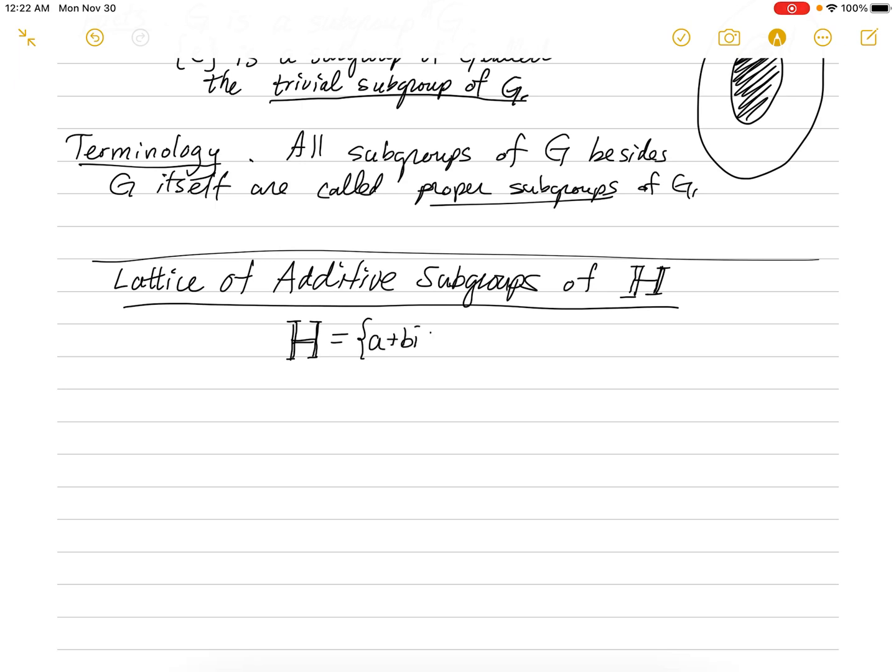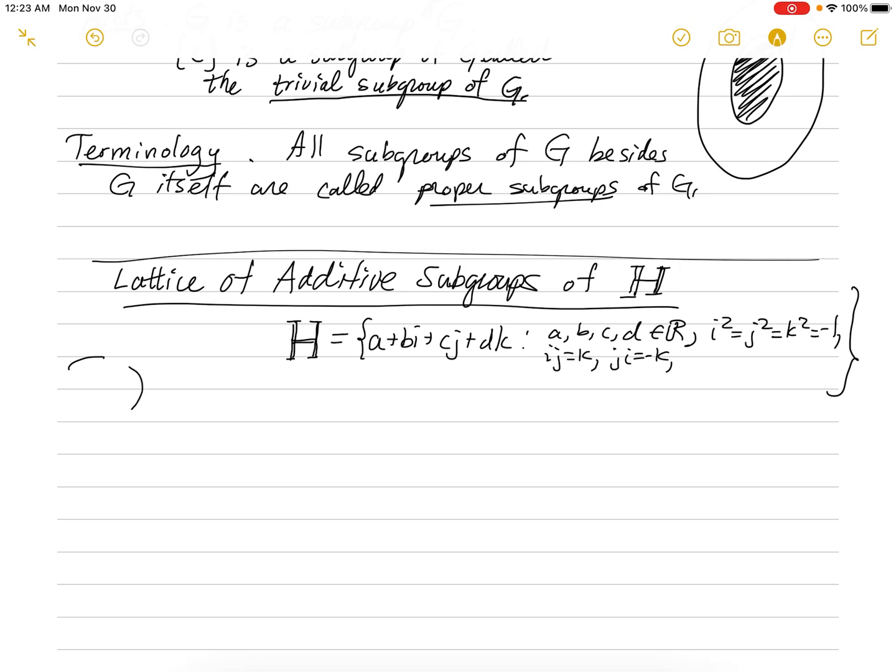Now think about what these are. These are the set of all a plus bi plus cj plus dk, where a, b, c, d are real numbers, i squared equals j squared equals k squared equals -1. i times j equals k. j times i equals -k. How does it go? i, j, k.